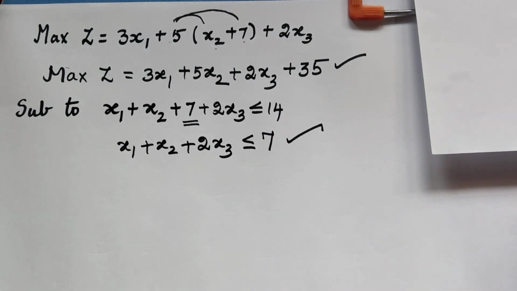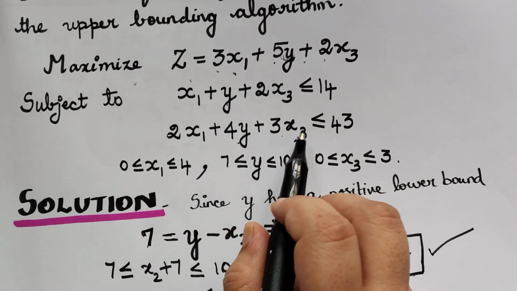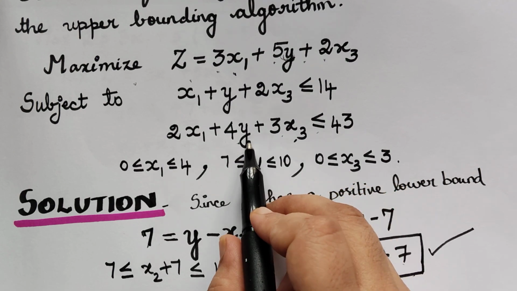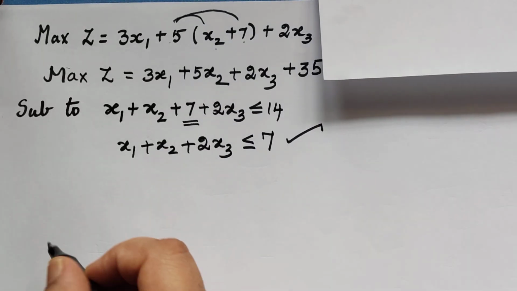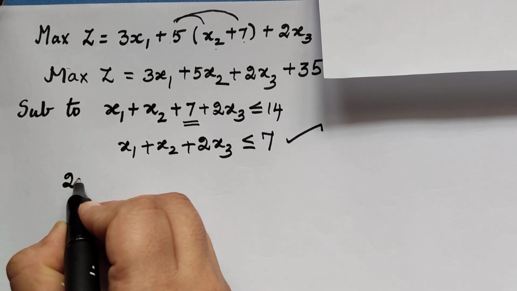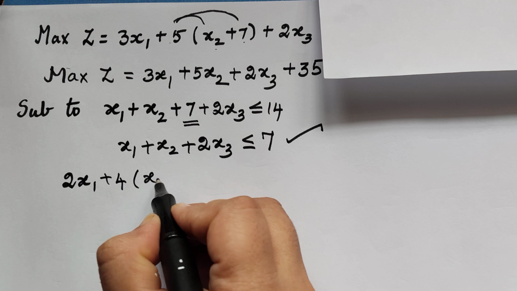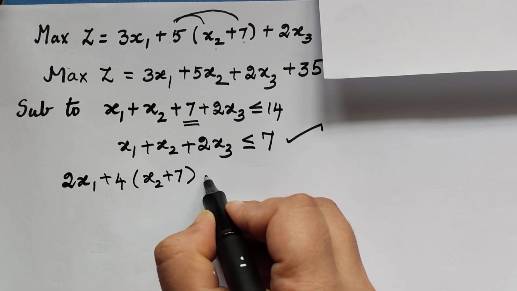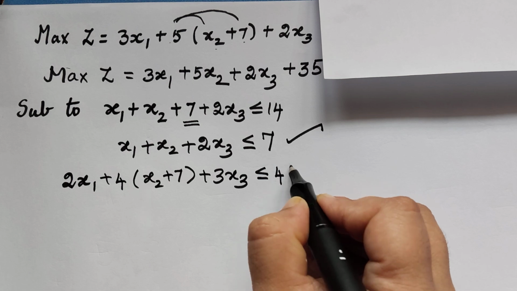And what is the next constraint that we have? 2x1 plus 4y plus 3x3 lesser than or equal to 43. So at the place of y, we have to replace it by x2 plus 7. So what we will be getting is 2x1 plus 4 multiplied with x2 plus 7 plus 3x3 is lesser than or equal to 43.